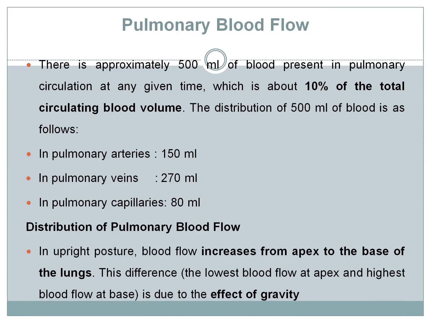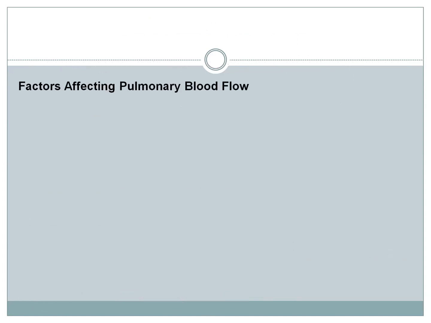So these physiological factors you have to remember, because oxygenation will depend on ventilation and the circulation, which are very important factors to have proper gas exchange. So in upright position, the blood flow will be less at the apex and highest at the base, and this is due to the effect of gravity.